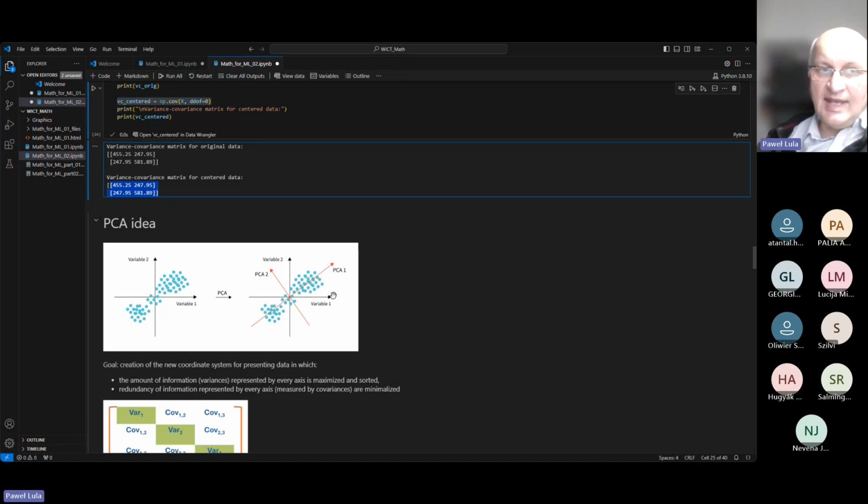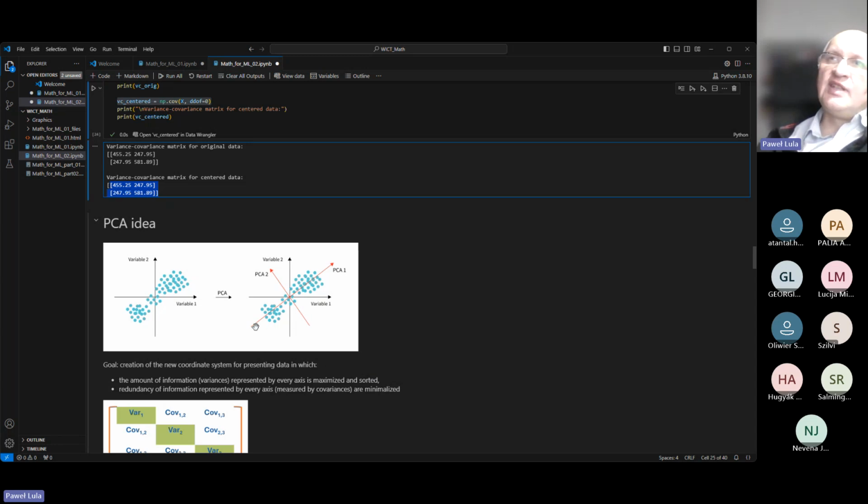I'm going to realize some conditions. First, the amount of information, which is measured by variances, represented by every axis, should be maximized and ordered, or sorted.